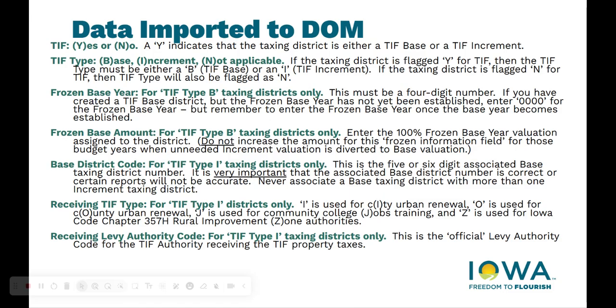Is it a county urban renewal, etc.? And the receiving levy authority code, again, for those increment districts, it's the official numerical or numerical plus a letter code for the TIF authority that's receiving the property taxes. So, okay, we know it's a city TIF district, city urban renewal, and then the levy authority code is the code for the city of Des Moines, for example.